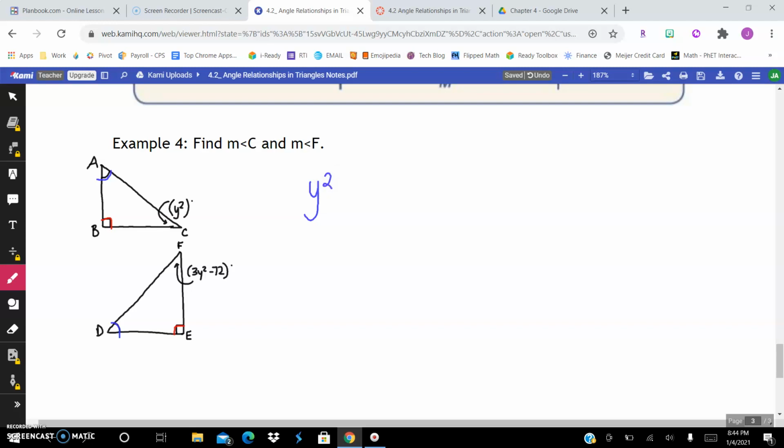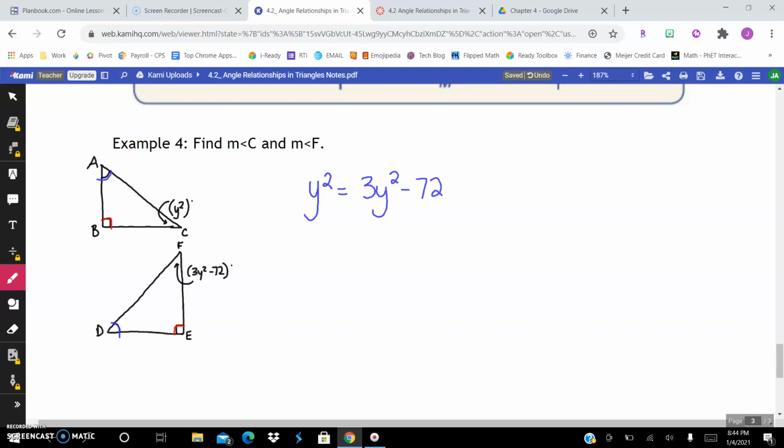So I know that y squared is the same thing as 3y squared minus 72 because if two angles are congruent, then the third set of angles have to be congruent or have to be equal.